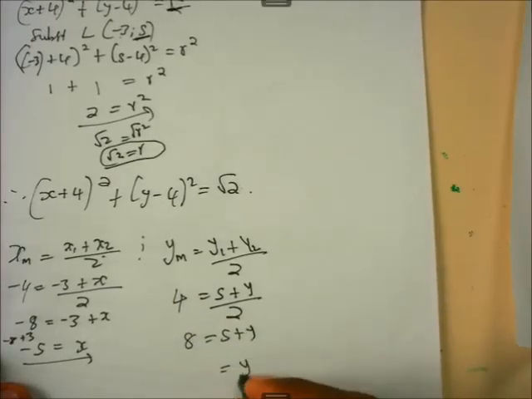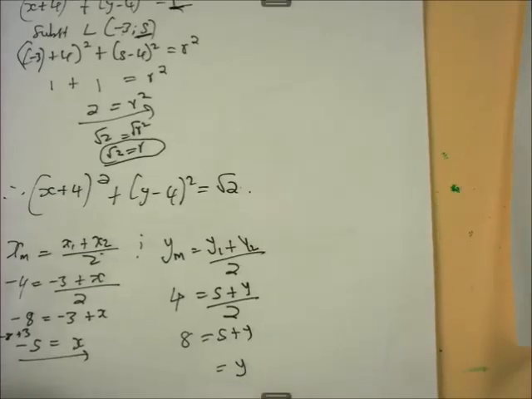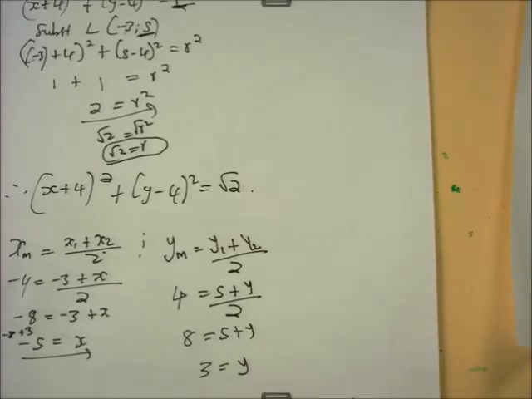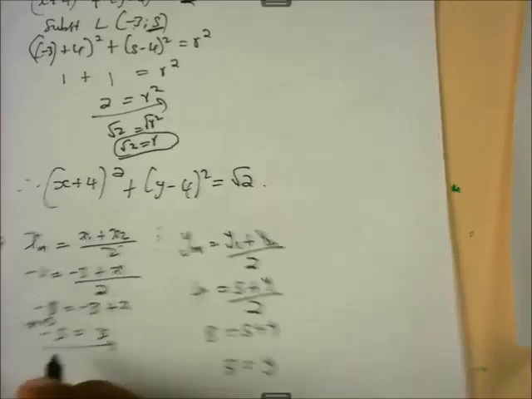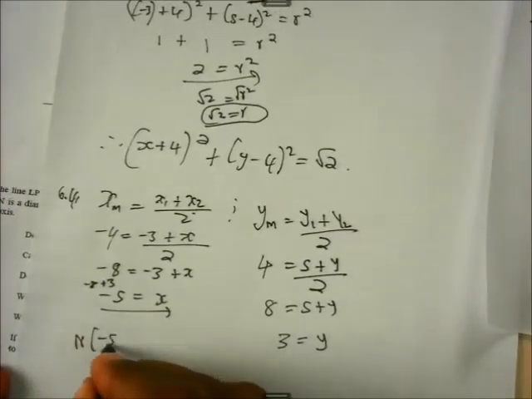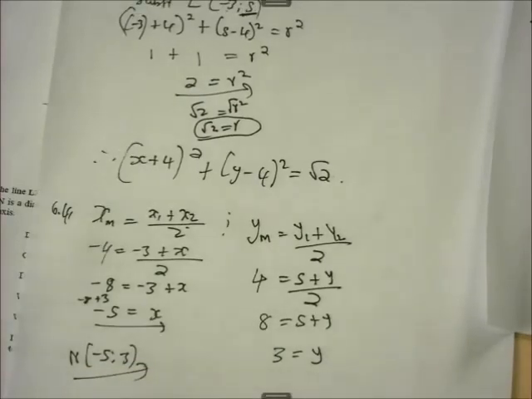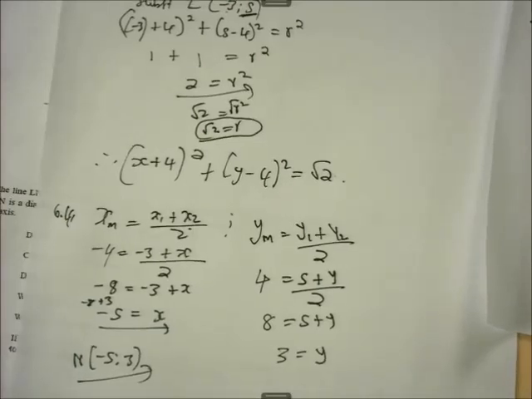Therefore y is equal to 8 minus 5, which is 3. Therefore, the coordinates of N are minus 5 and 3. The x coordinate is minus 5 and the y coordinate is a positive 3.